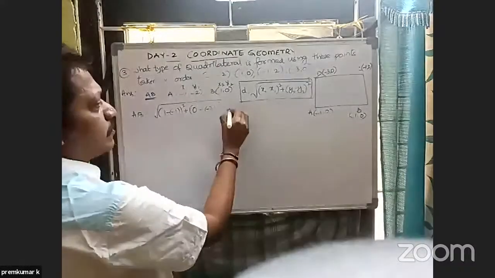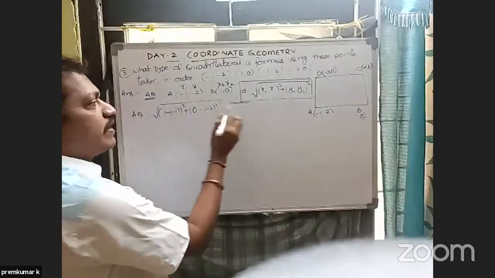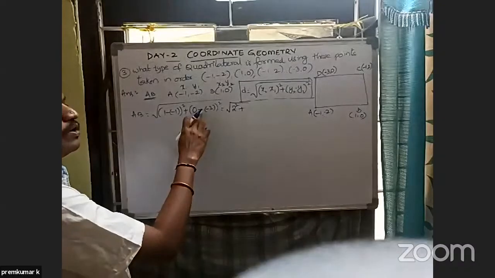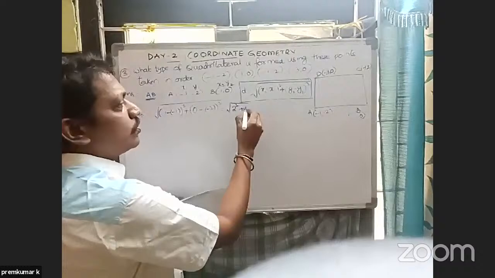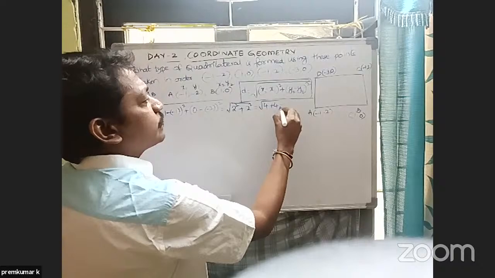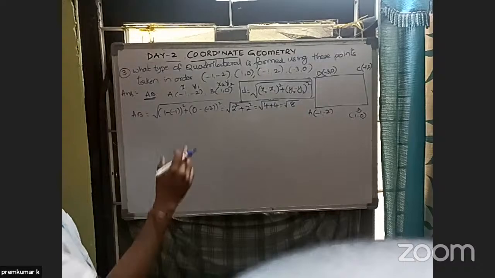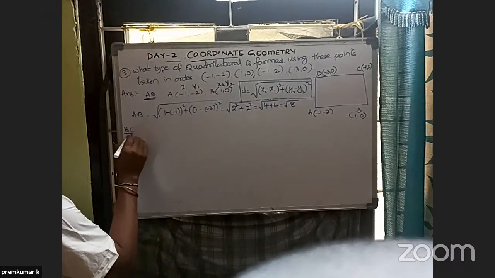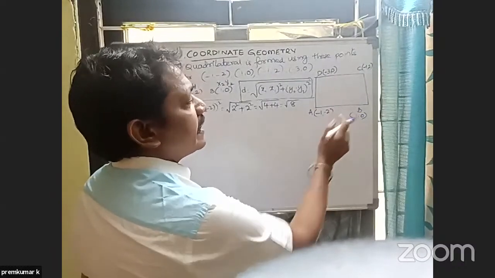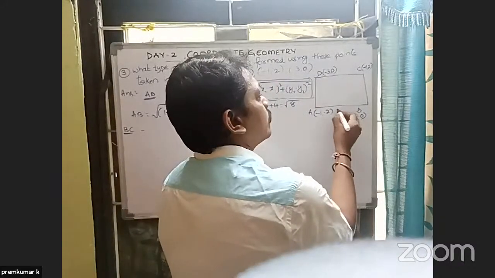Here 1 minus of -1 is +1, 1 plus 1, 2 square, plus 0 minus of -2 that is +2, 2 square. That is 4 plus 4, that is root 8. Okay. Then the distance of BC. The distance we got here is root 8. You can write it like this, root 8.